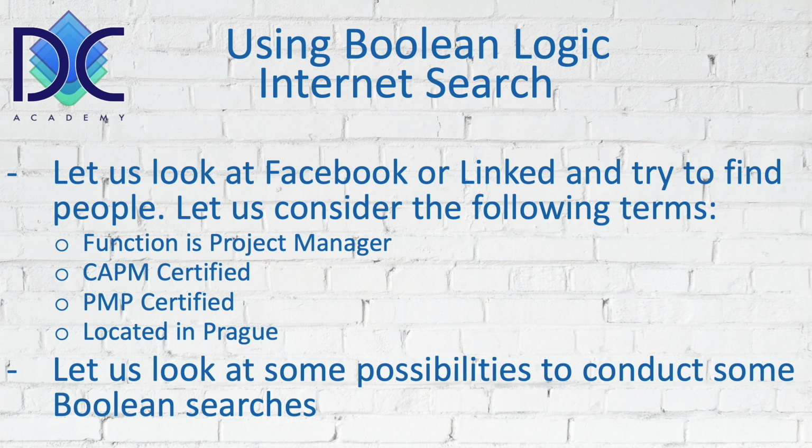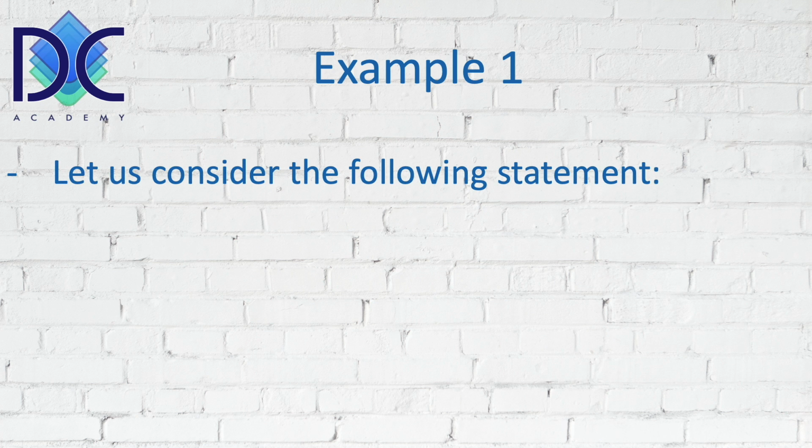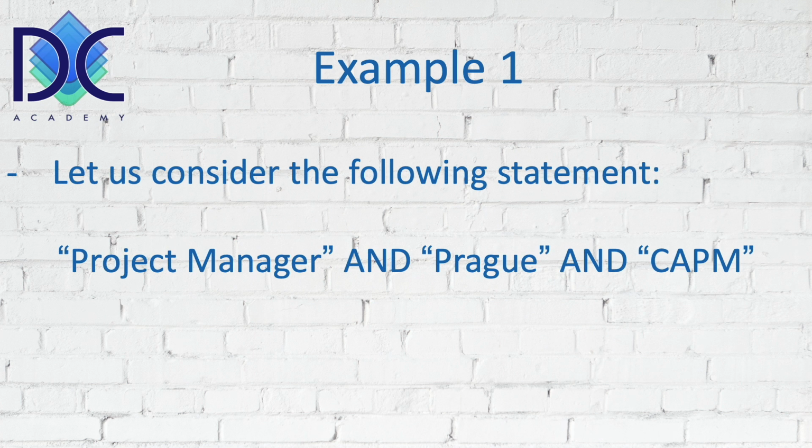Now let's look at some possibilities for how to use Boolean logic to conduct searches. The first example I want to consider is a project manager who is in Prague and has a CAPM. So here we have three very important elements: project manager, Prague, and CAPM.